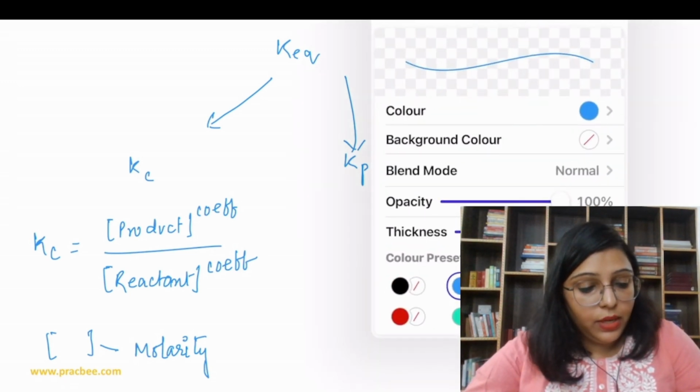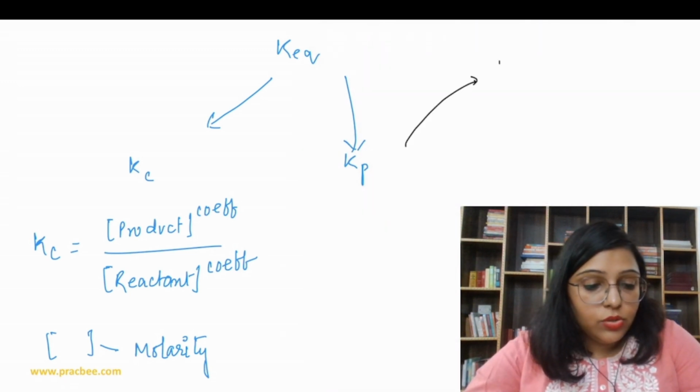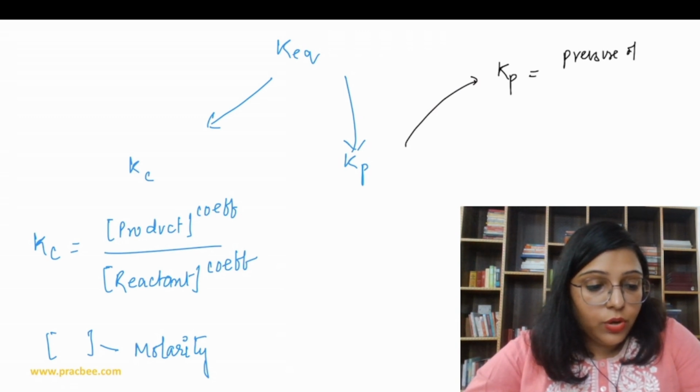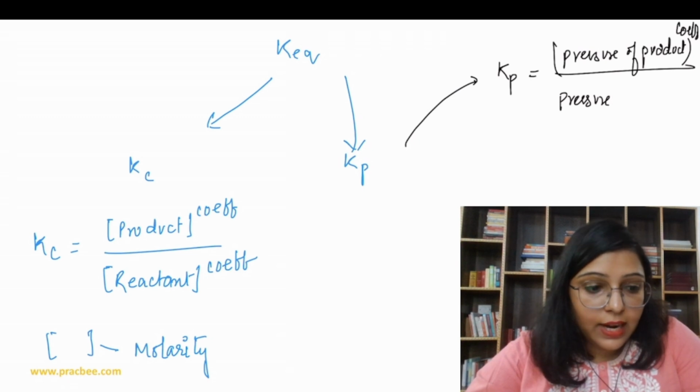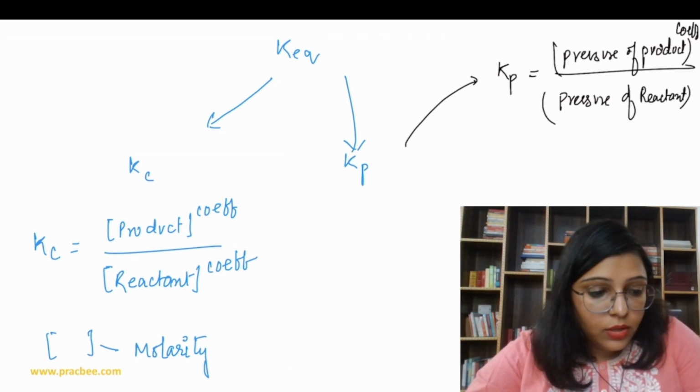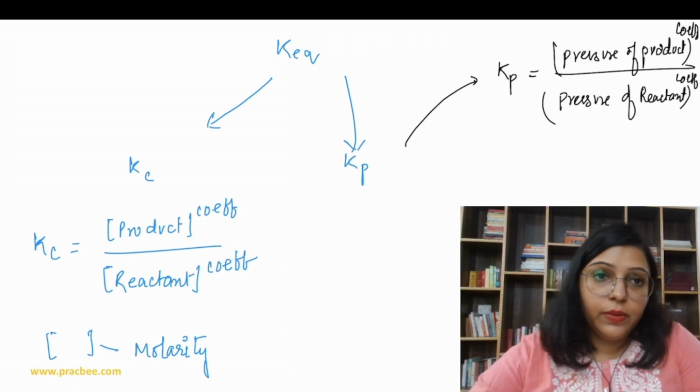Now we have Kp. So in Kp, we have the pressure of products raised to the power of its coefficient divided by the pressure of reactants raised to the power of its coefficient.